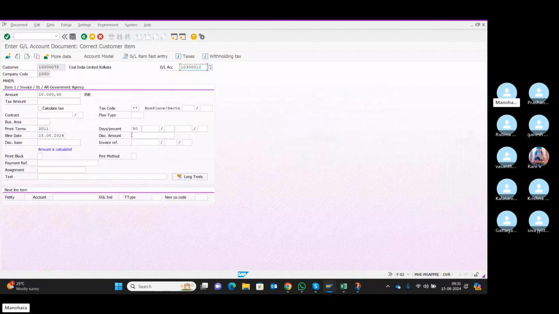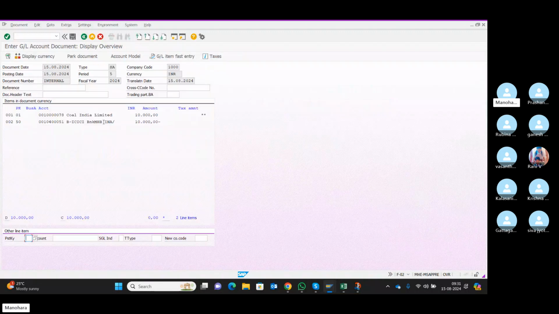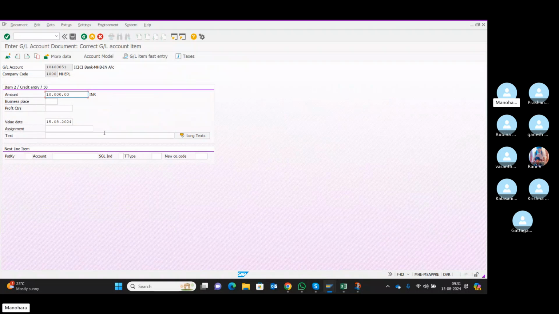So here there is no profit center, because this is a header level and this is a subledger. Coming to the bank, bank is a main ledger, right? See here, the profit center option is there, because this is a main ledger. See, as an example, I am going to simulate.